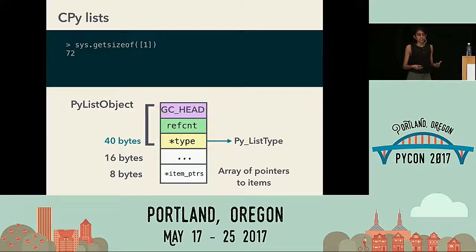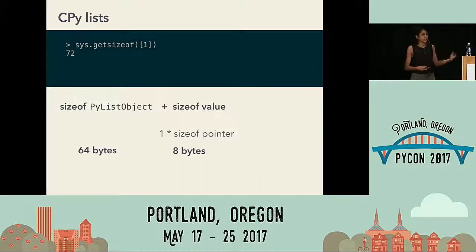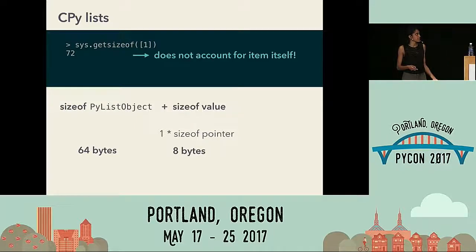In the case of lists, for example, the overhead is 40 bytes. It stores some additional fields which take up 16 bytes. And finally, the value in the case of a list is an array of pointers to items. So it doesn't store the items itself. Its array stores pointers to items, which is why if we again do this calculation, we see that the size of the struct is 64 bytes, the size of the pointer is 8 bytes, so an empty list is 72 bytes.